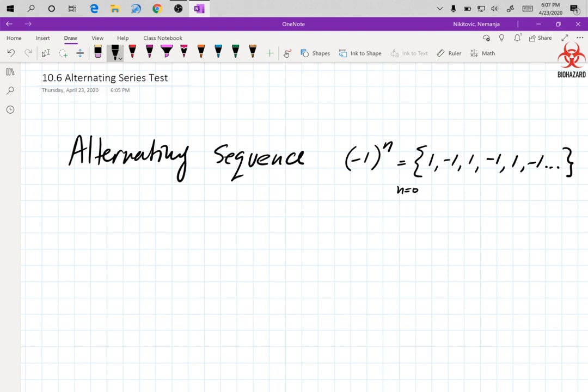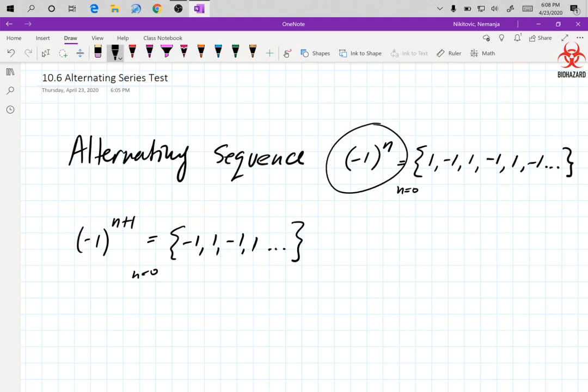Now you can multiply that with a value. Say you multiply it with 3 and then get 3, -3, 3, -3, and so on. You can start it at a different value. You can use (-1)^(n+1), and if you start at n equal to 0, you will have -1, 1, -1, 1. Or you can just use the first one but start at 1.